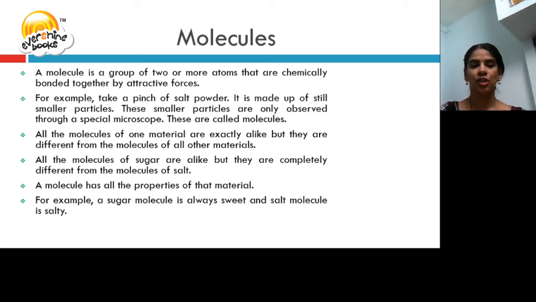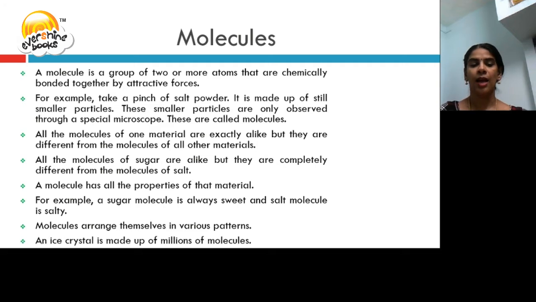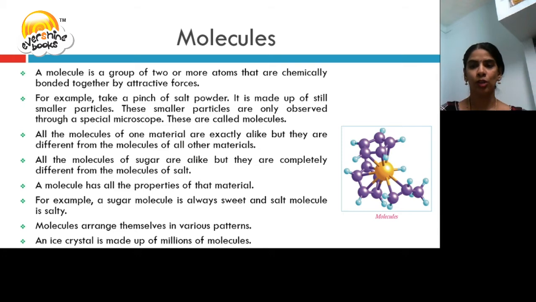For example, a sugar molecule is always sweet, while salt molecules are always salty. Molecules arrange themselves in various patterns. An ice crystal is made up of millions of molecules.